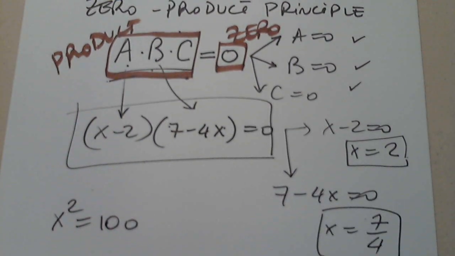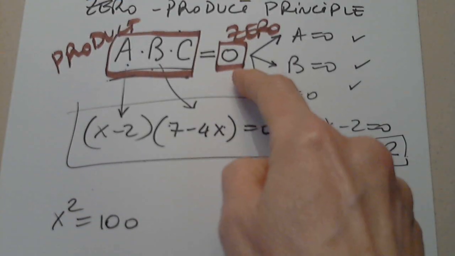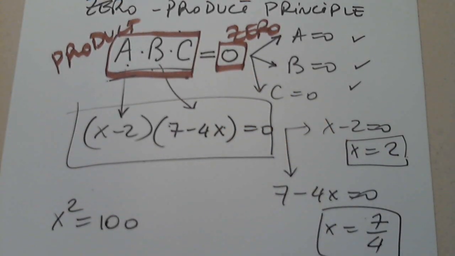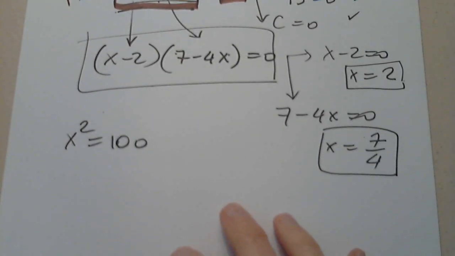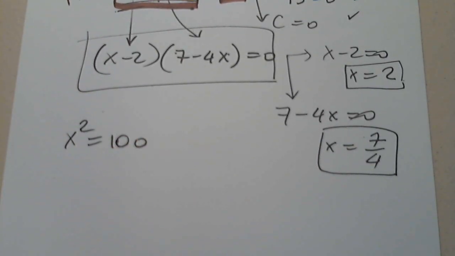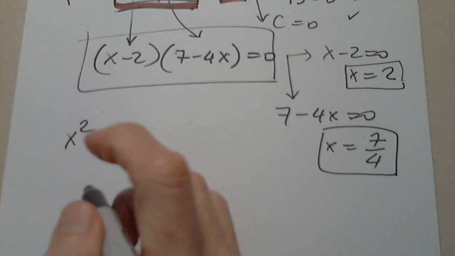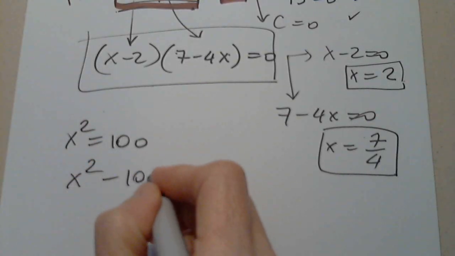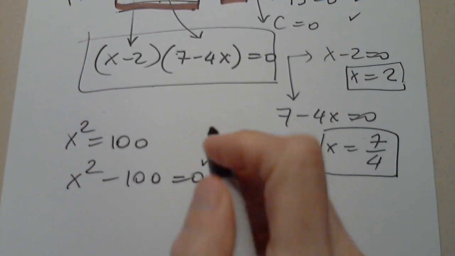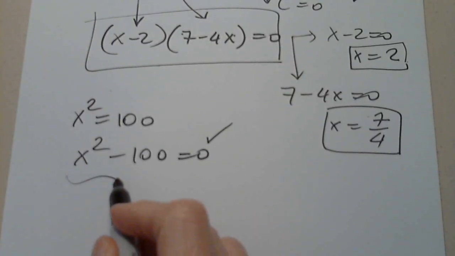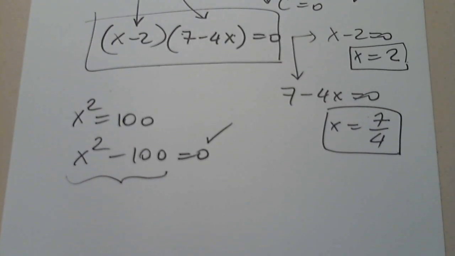I cannot use the zero product principle unless I have 0 on one side. But in this particular case, I don't. So I will move 100 to the other side. I have the 0 on one side, but then I have to change this into a product.